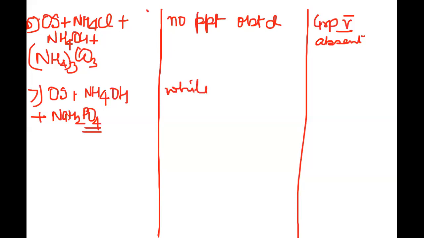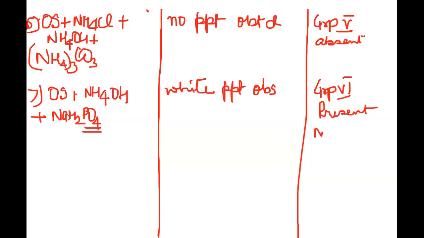Sometimes the white precipitate is not very easily observed, so you have to scratch the inner walls of the test tube with a glass rod, and the white precipitate will be seen. So in this case, I will write that group 6 present. This is the way to write it: you have to mention group 6 present, and then write magnesium ions confirmed.